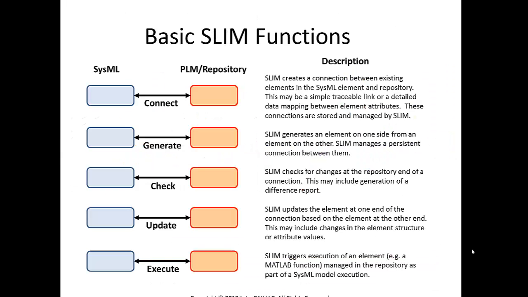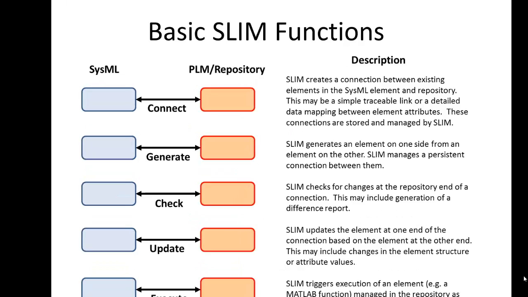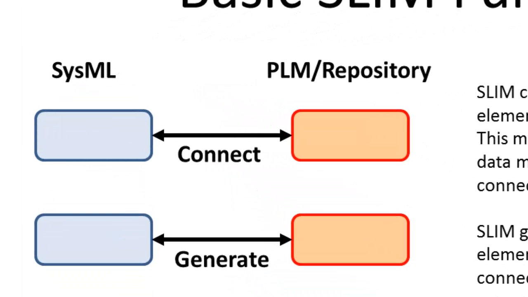Now, when we talk about federating different models across these connections, we have to do that in the context of what we are trying to accomplish with such connections. For example, two of the functionalities that we want to achieve in SLIM are connect and generate. Connect if elements exist in both domains already, for example in a SysML model and in a PLM part structure.